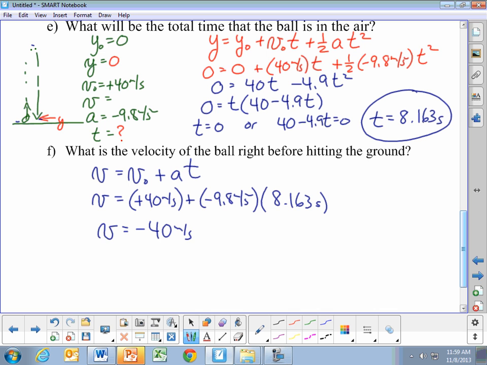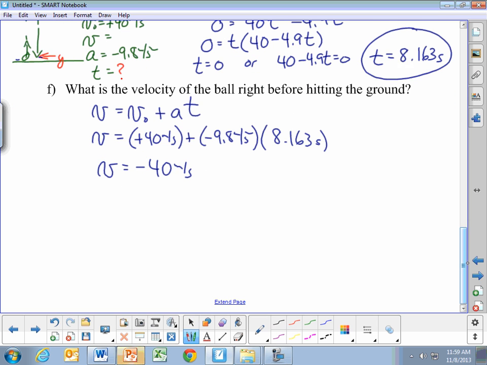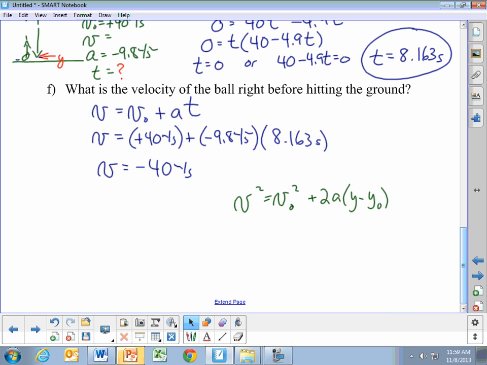So everything is symmetric. Again, the other way to see that is if we looked at the equation that related velocity and position. This position here is 0. This position here is 0. 0 minus 0 is 0.